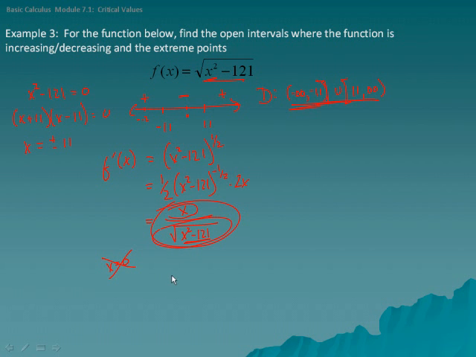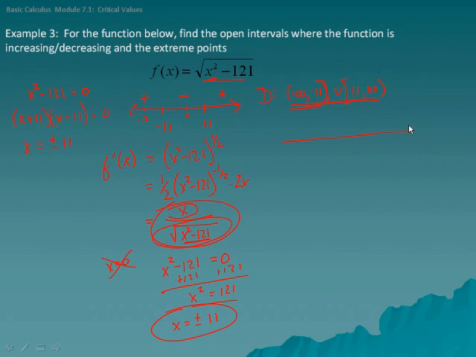And so we would have x squared minus 121 equal to 0. It was the square root, but that's still going to be equal to 0. So we would add 121 to both sides, or we could have factored, either way. That gives me x squared is equal to 121, and we know from earlier that x would be equal to plus or minus 11. So given this, we've got two possible critical values where the slope does not exist, at positive and negative 11.